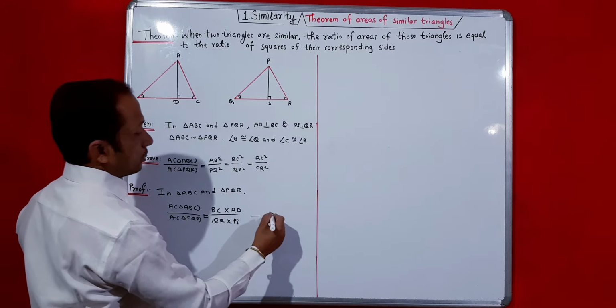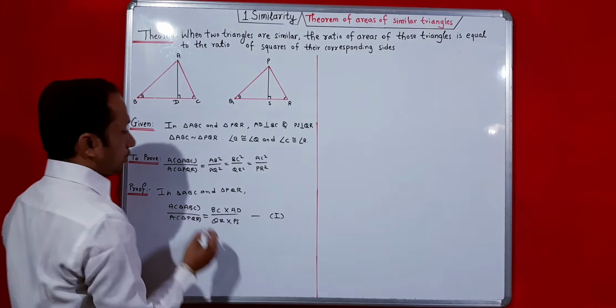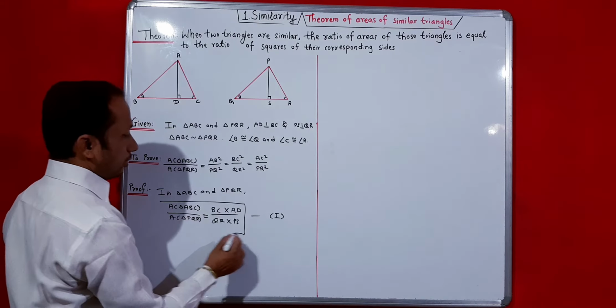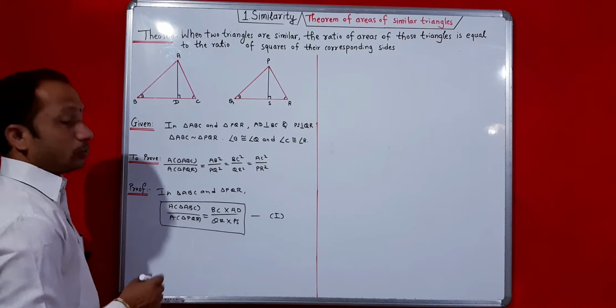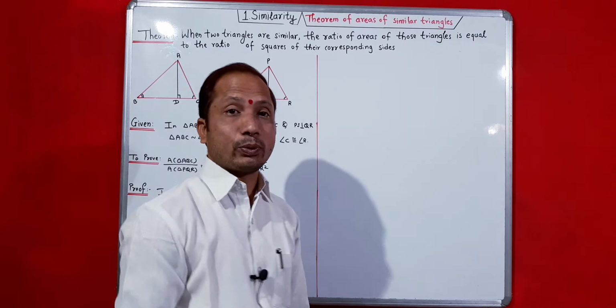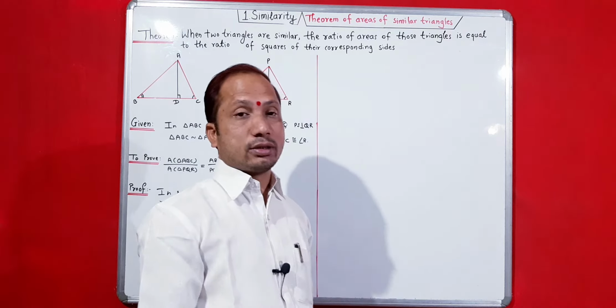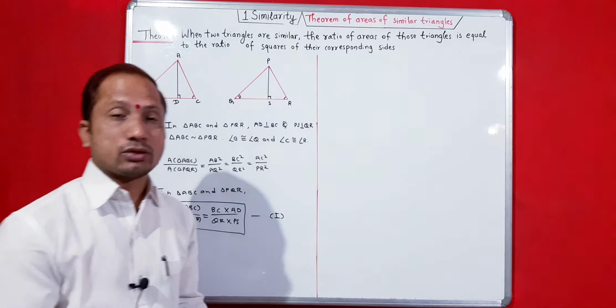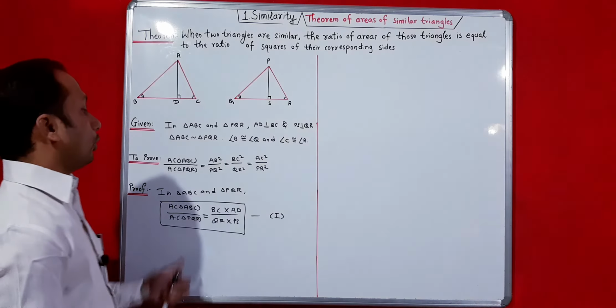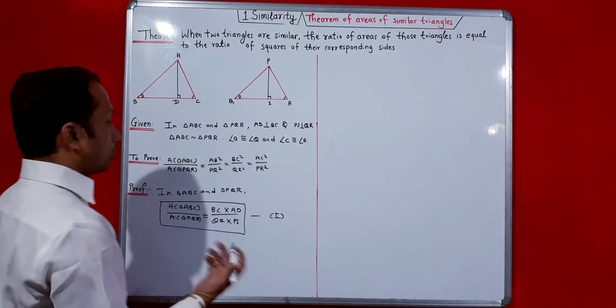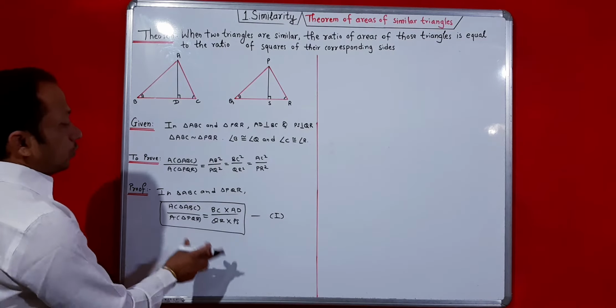This is condition 1. This is one of the properties of the ratio of areas of two triangles that we have learned.